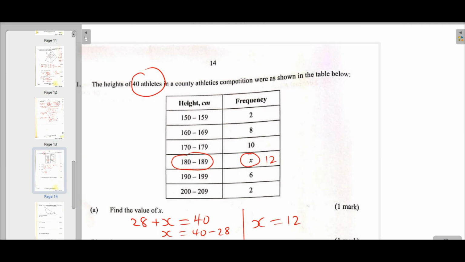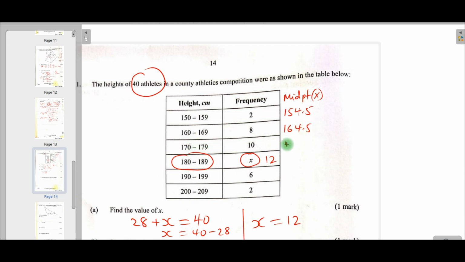So let us modify the table. Since this is grouped data, we need to find the mid-point x. So 150 plus 159 divided by 2, we get 154.5. 160 plus 169 divided by 2, we get 164.5.